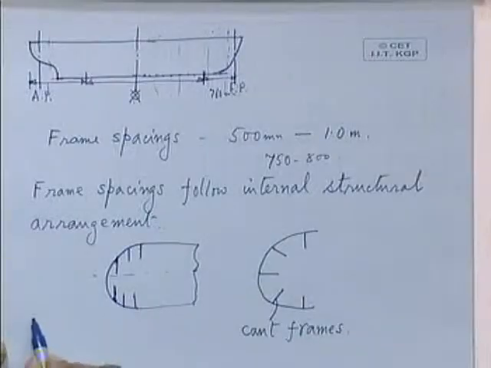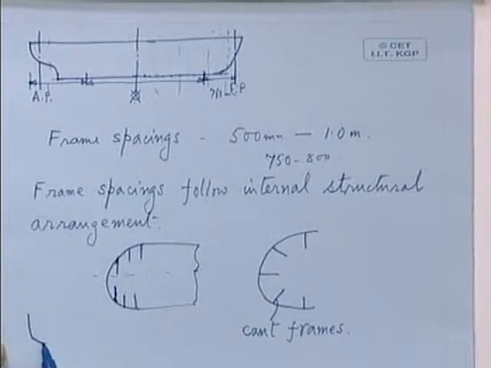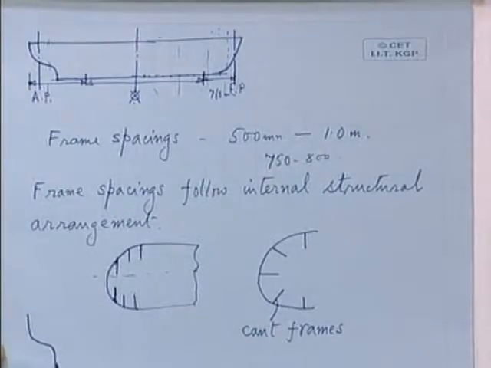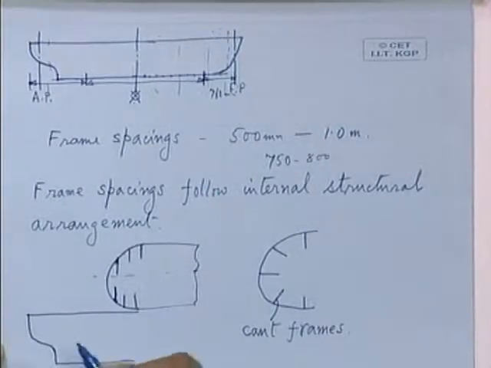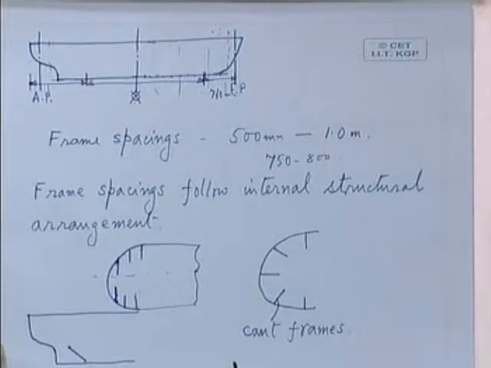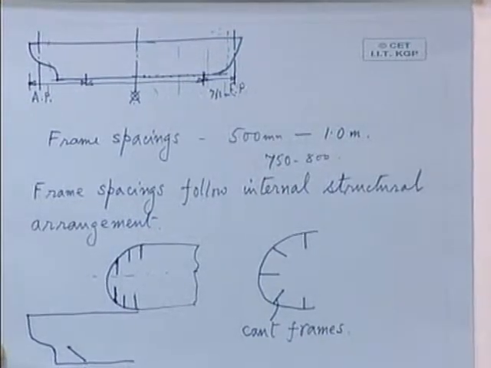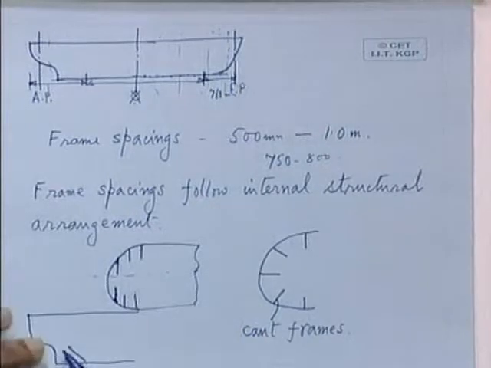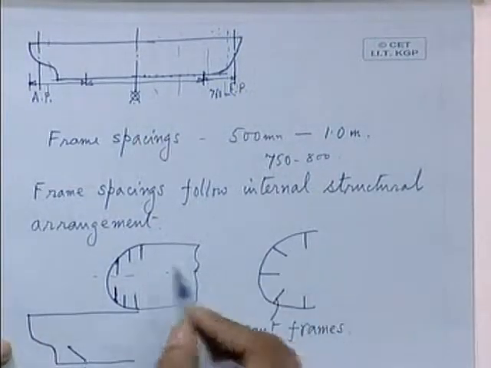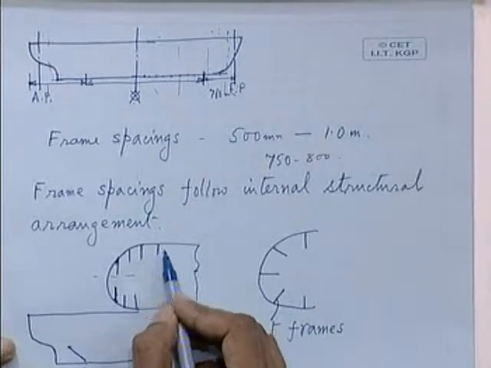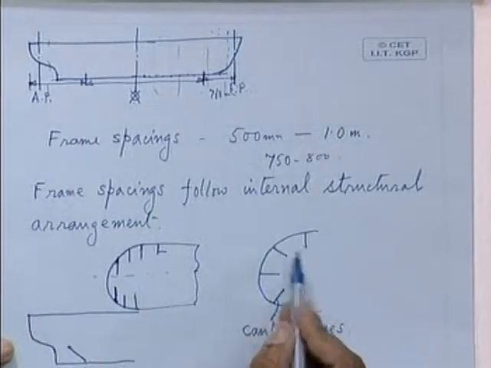And very rarely you will find at the bottom of the ship, where also there will be difficulty in welding, etc., and due to other load distribution, you may find frames which are in a slant to the baseline. They are normal to the center plane, but they are not vertical, they are at an angle with the baseline. So these frames in ships normally may not be vertical, but they can also be slant.